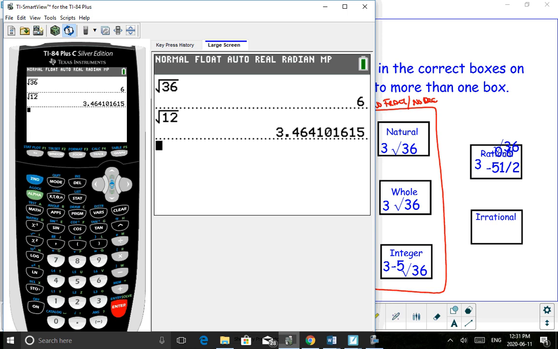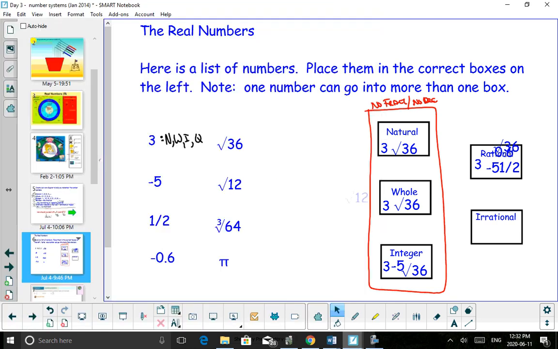We can see that this decimal has not ended, because it took up the whole screen. 464101615, there does not appear to be any pattern behind it at all. So root 12 is an irrational number. And if it is irrational, that's the only thing it can be. So if this was a worksheet, you would just put Q bar beside it because it's irrational.